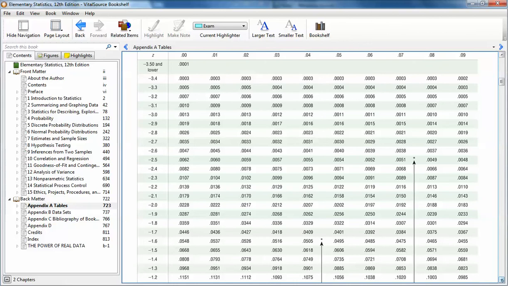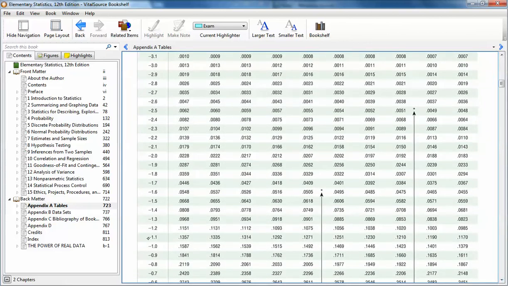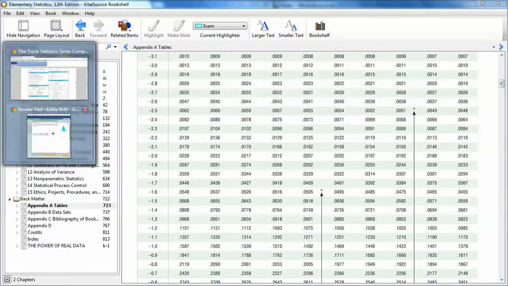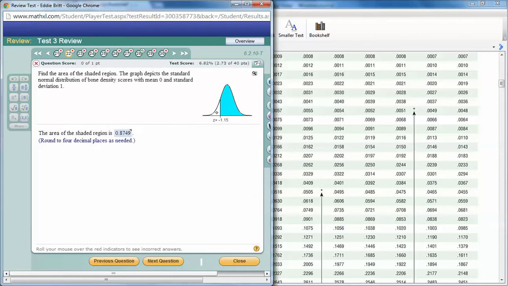I have to remember that. Negative 1.15: 0.1251. Now 0.1251 is not my answer. It is this area right here of this unshaded region.